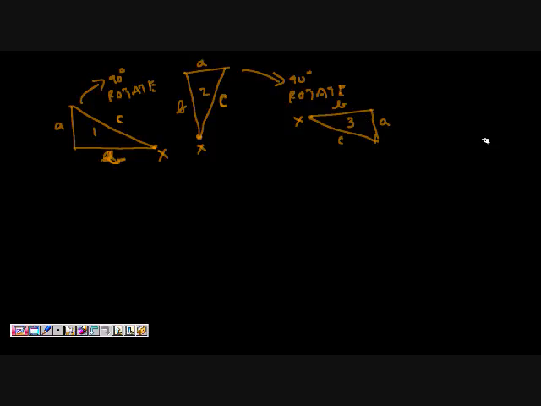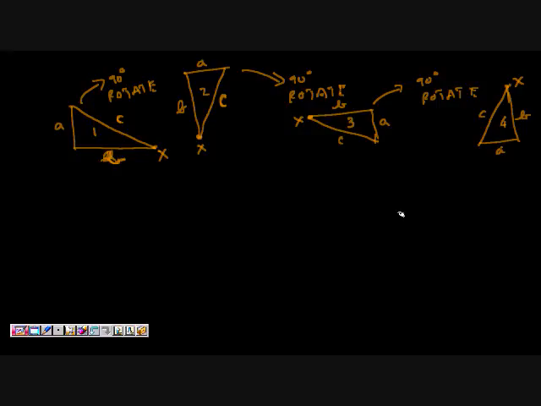Now further rotate this triangle on point X by another 90 degrees. When you do that, you get this triangle here. That's your side A, that's your side B, that's your side C, and that's your point X there. Let's call this triangle 4.